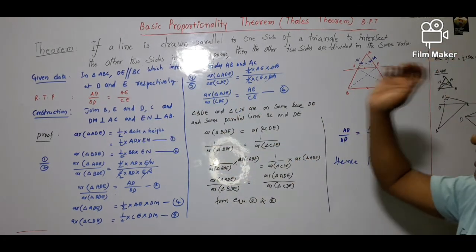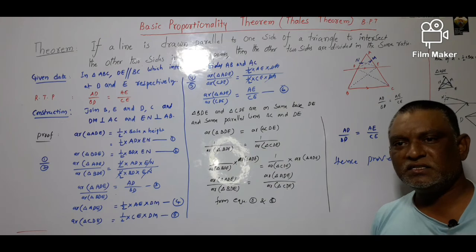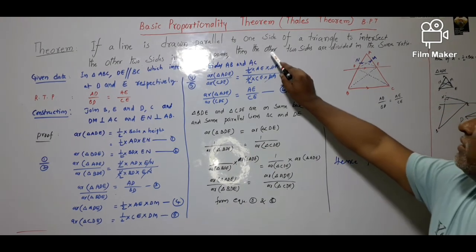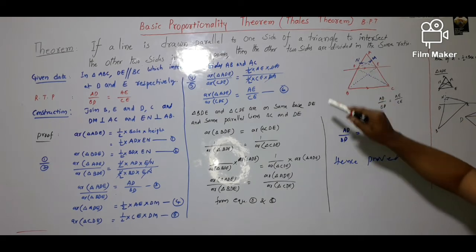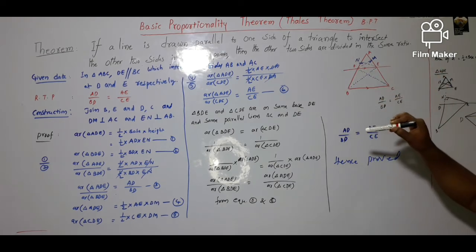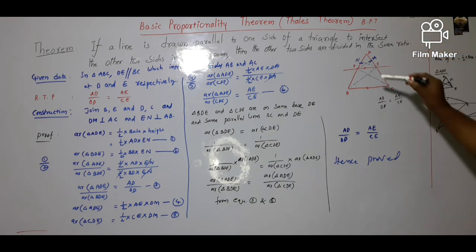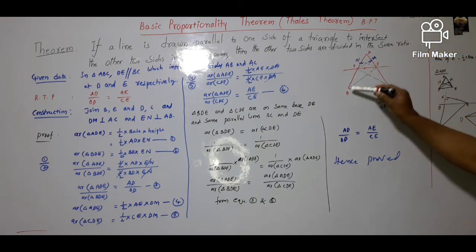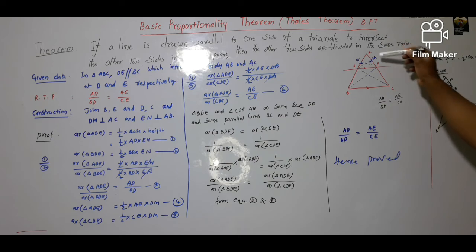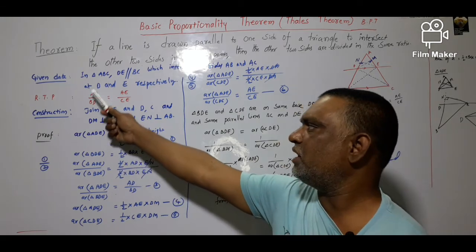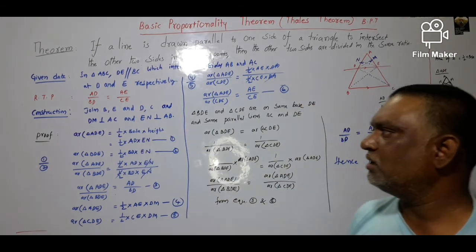This is the given data. Required to prove: AD by BD is equal to AE by CE.